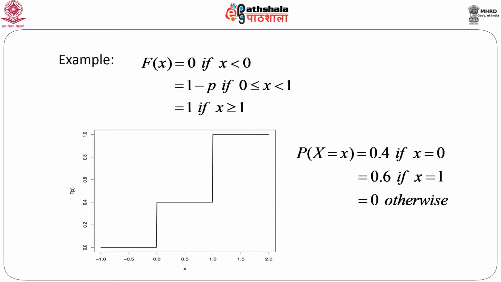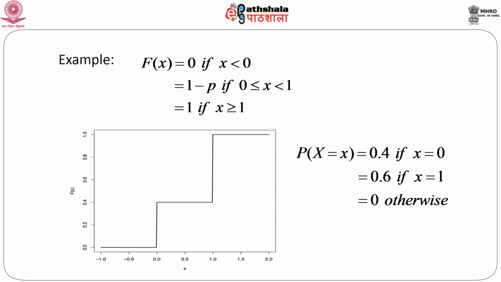So whenever we take x equals 1, the probability that capital X is less than or equal to 1 is just the sum of these two jumps. These two are nothing but the probabilities at the points x equals 0 and x equals 1 respectively, and it is 0 otherwise.